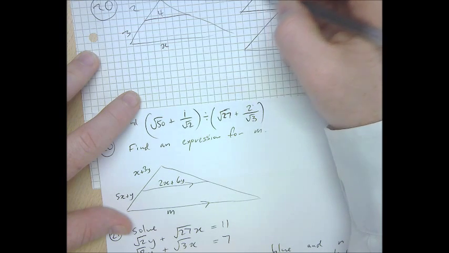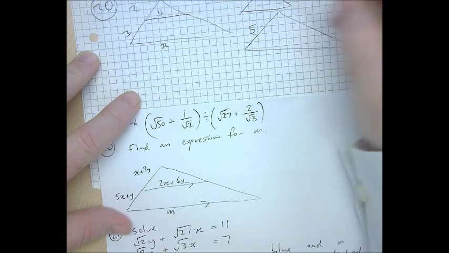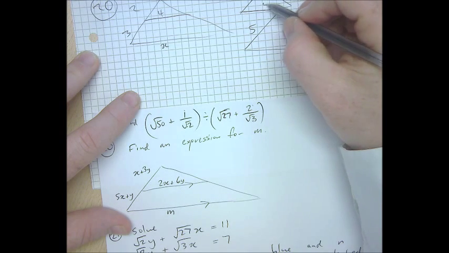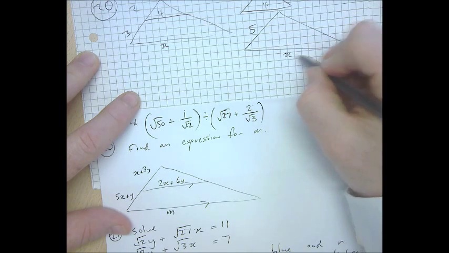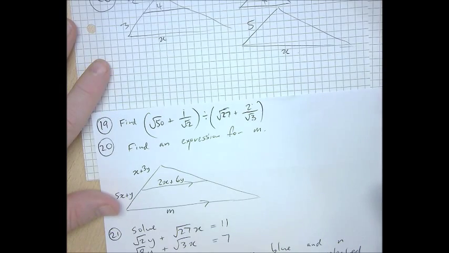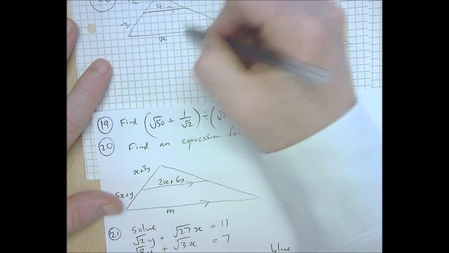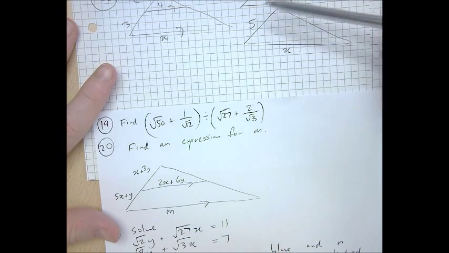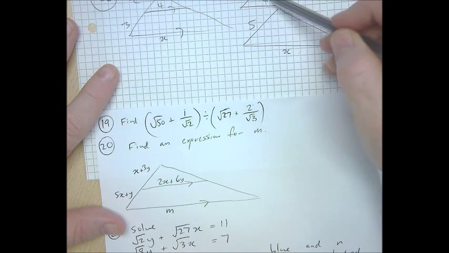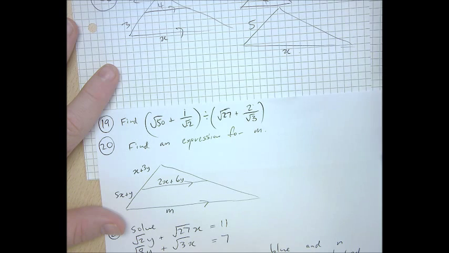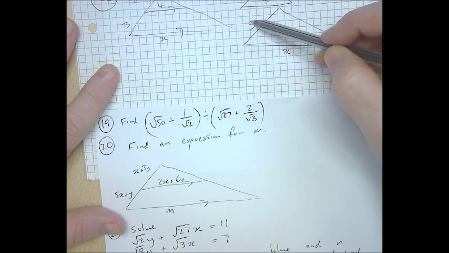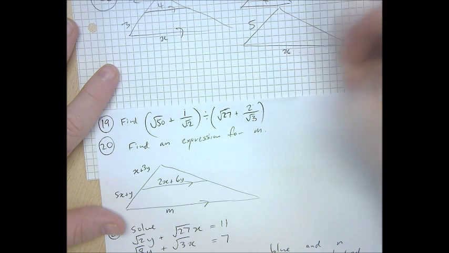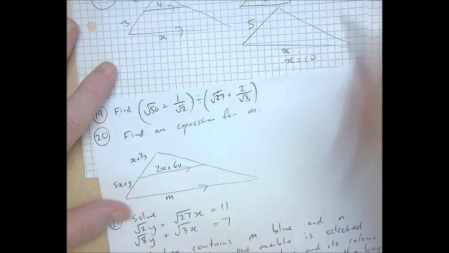So that'll be a 2, that'll be a 5, that'll be a 4, that'll be an x. Now, because the lines are parallel, these are similar triangles, which means if you see doubling in one place, there'll be doubling in the other place. And look, there is doubling there. So if a 2 becomes a 4, that's doubling. So a 5 will become a 10. So x equals 10. That's the method for the simple problem.